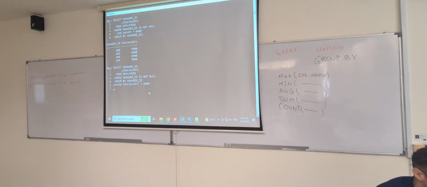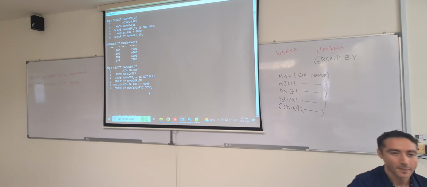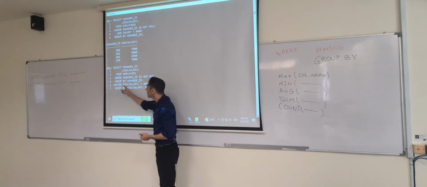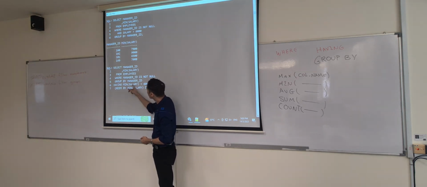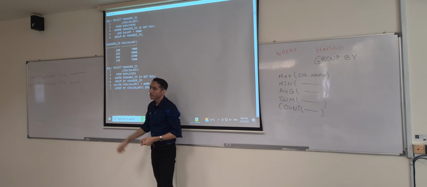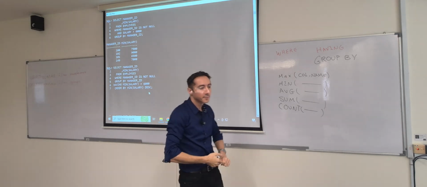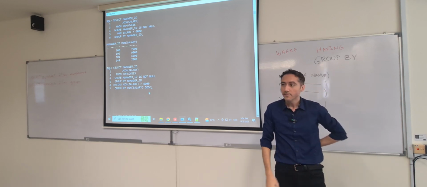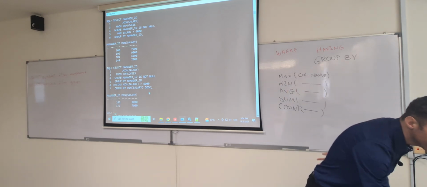So here, order by minimum salary, descending order. That's it. By the way, you can use the minimum salary alias again, since you can use it at this point, that's fine. Now if we run, that's it.